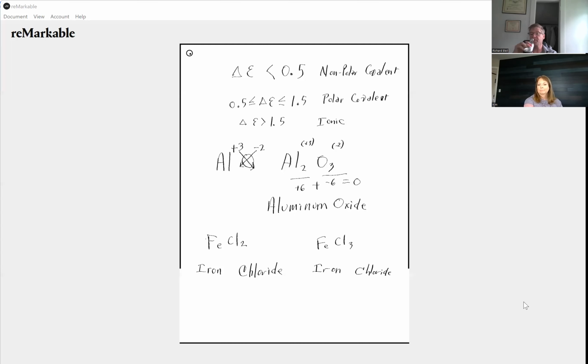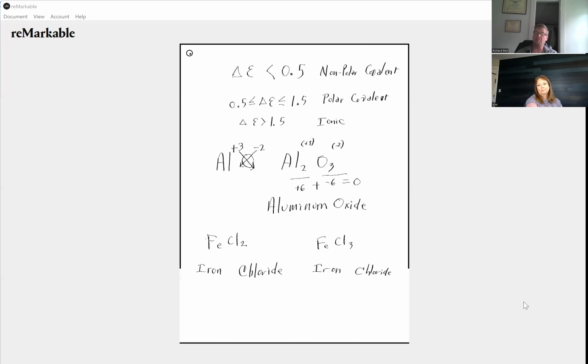What's the problem? They don't match totally. It's the same name. If I wanted to order iron chloride, which one would I get?